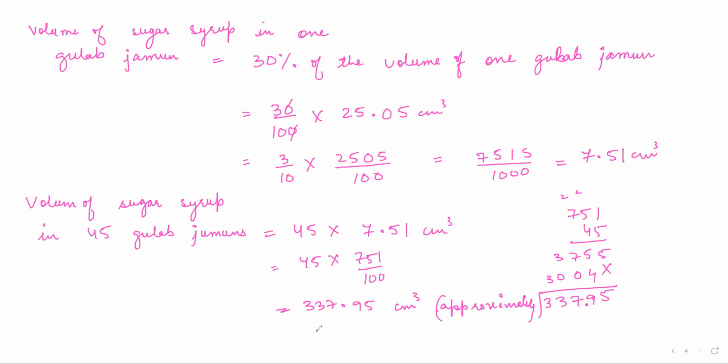Okay, this you got, right? You can write approximately here also, or you can approximate to a round figure also if you want. So this is 0.95. That means very close to 338, isn't it? And here you can write approx. So this is approximately equal to 338 centimeter cube. Understood? Yes, ma'am. Okay.